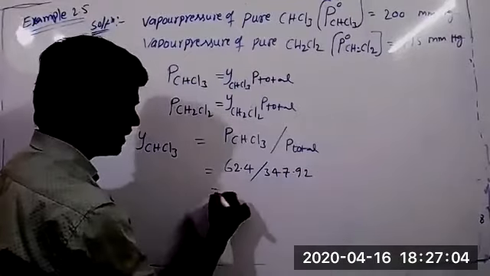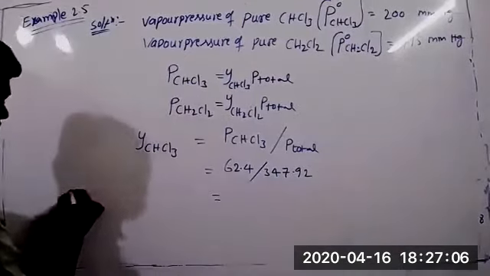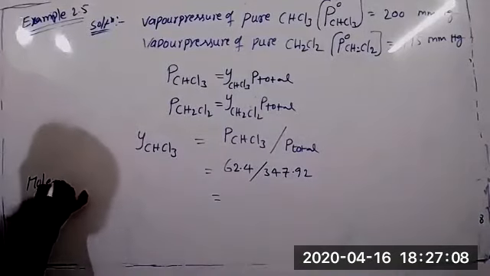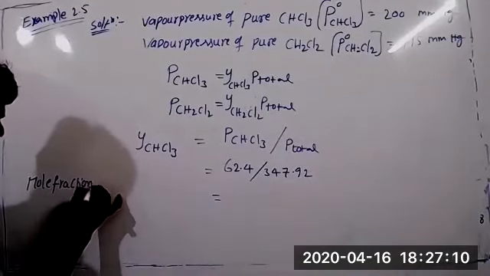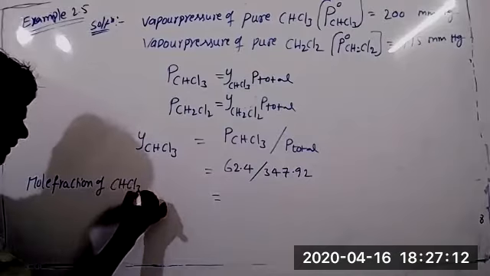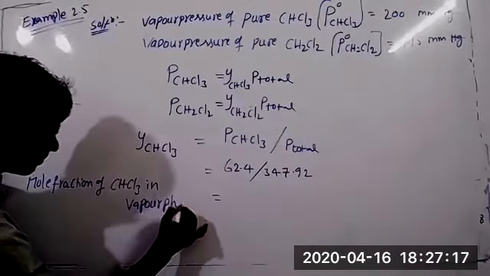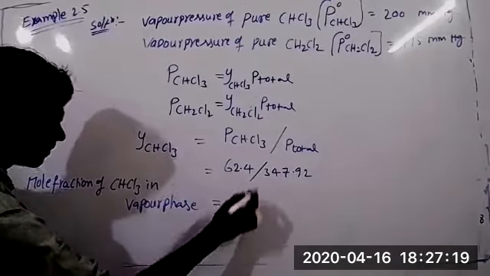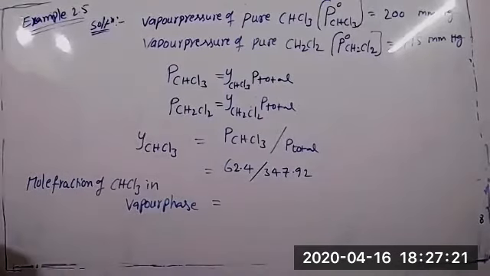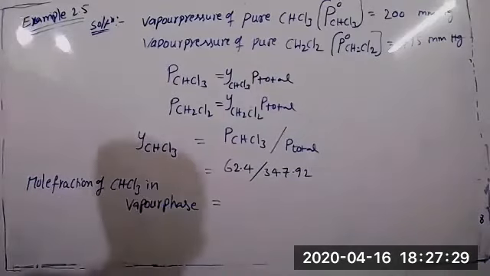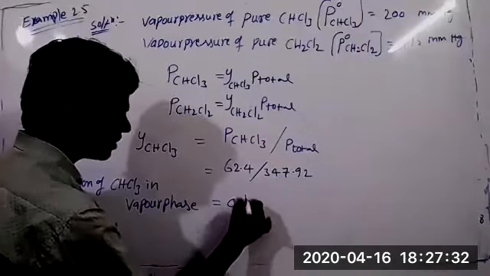Calculate this value. You will get the mole fraction of CHCl3 in vapor phase, which is 0.179 approximately. So you take it as 0.18.